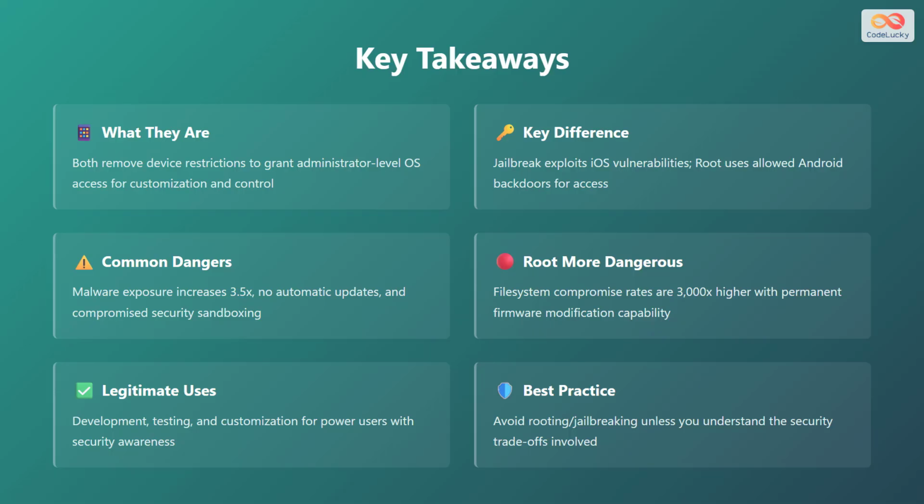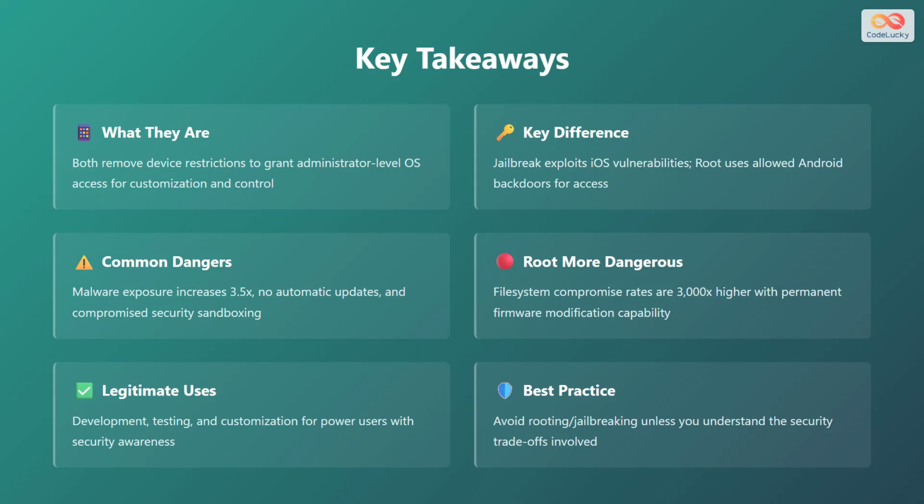Here are the key points to remember. Both jailbreaking and rooting remove device restrictions to give you administrator-level access for customization and control. The key difference is that jailbreaking exploits iOS vulnerabilities, while rooting uses allowed Android backdoors. Common dangers to both include a 3.5 times higher malware risk, no automatic security updates, and disabled security features.